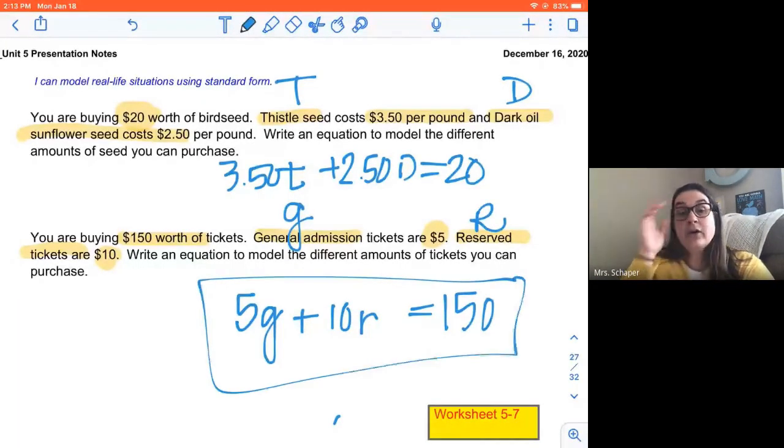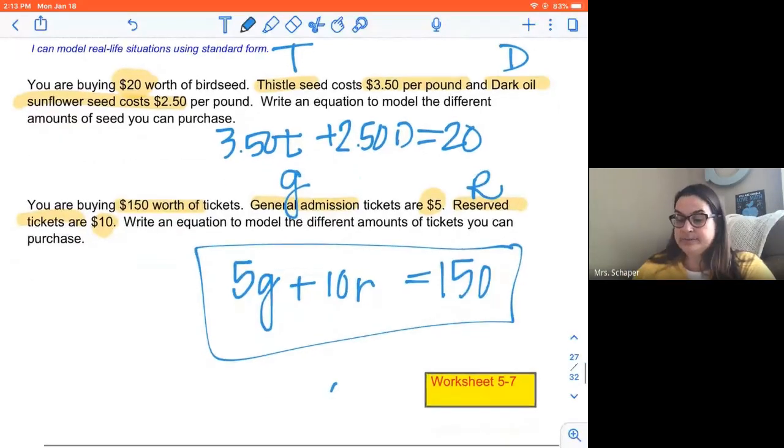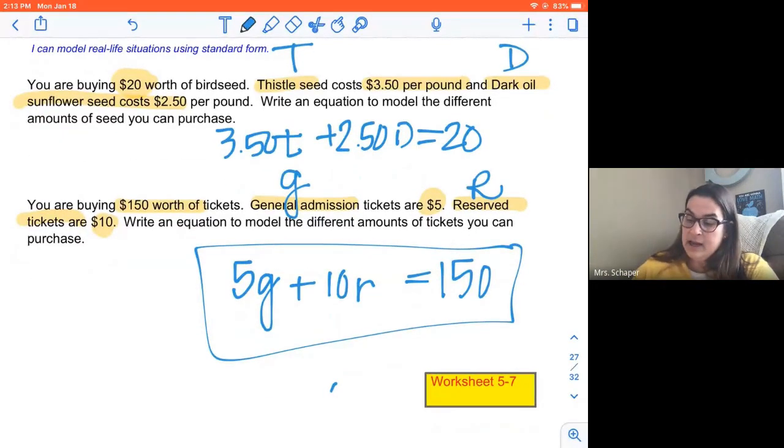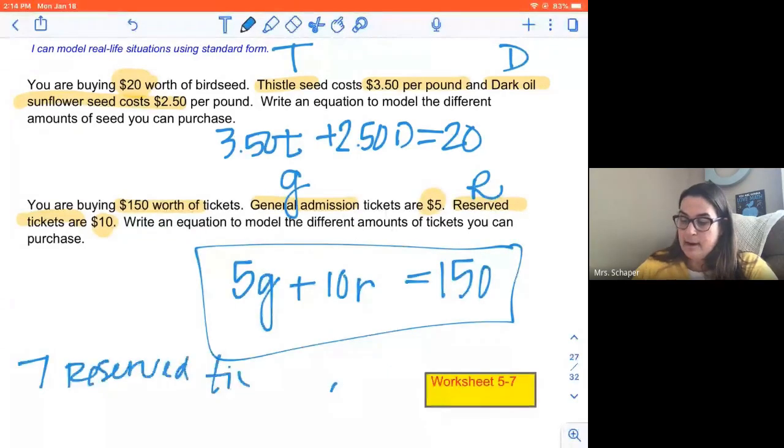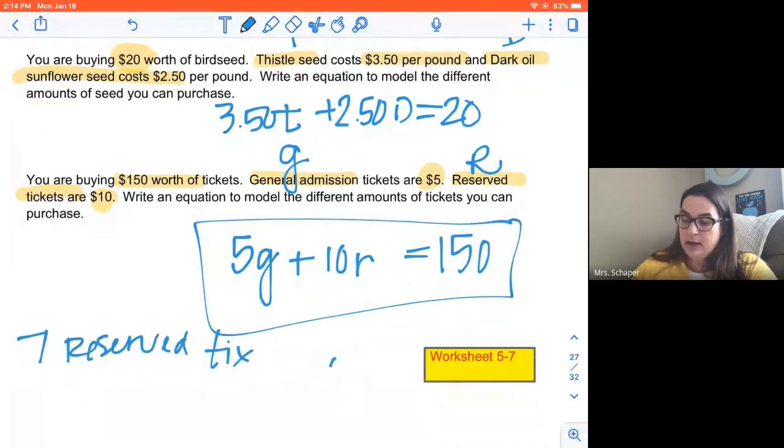Now, here's one more thing I want you to think about. What if I said there were 7 reserved tickets bought, and I want to know how many general admission?